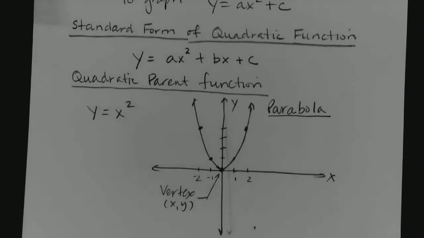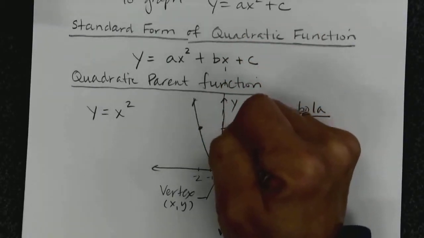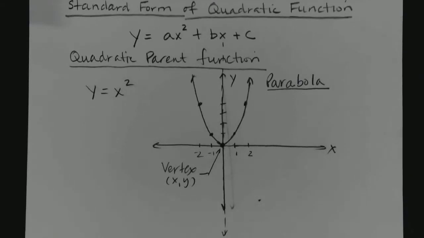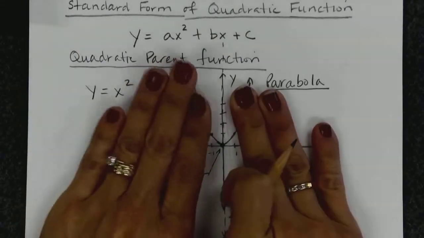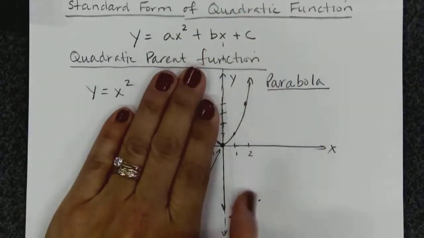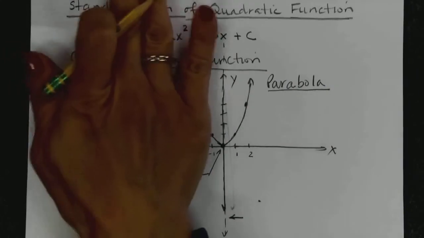Okay, and if you notice, this parabola is very symmetric. So I could put an imaginary line right through the middle of the parabola, and it makes this side a mirror image of this. If I were to fold it in half on this imaginary line, this side would match exactly to this side.